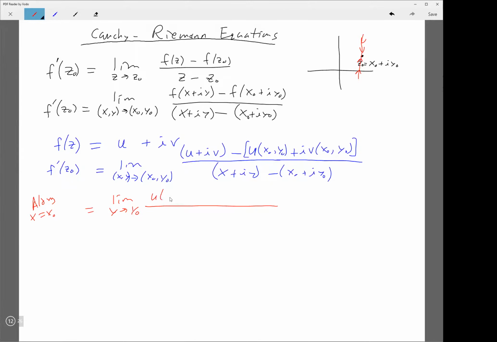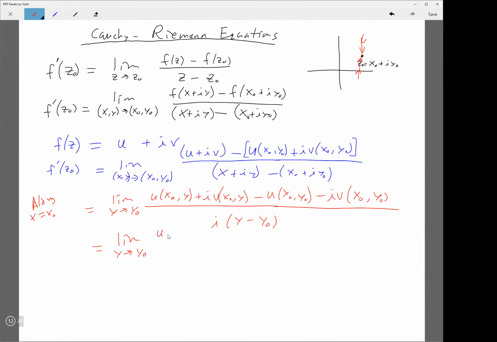And this is going to be u of x naught y plus iv of x naught y minus u of x naught y naught, minus iv of x naught y naught. And then down here, this is going to get wiped out, so you're just going to have i times y minus y0.